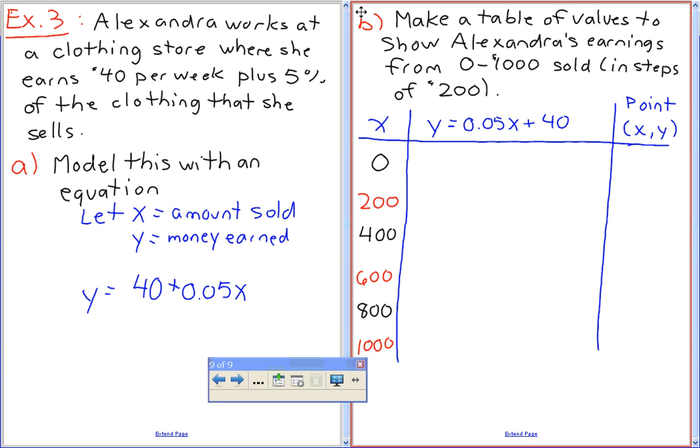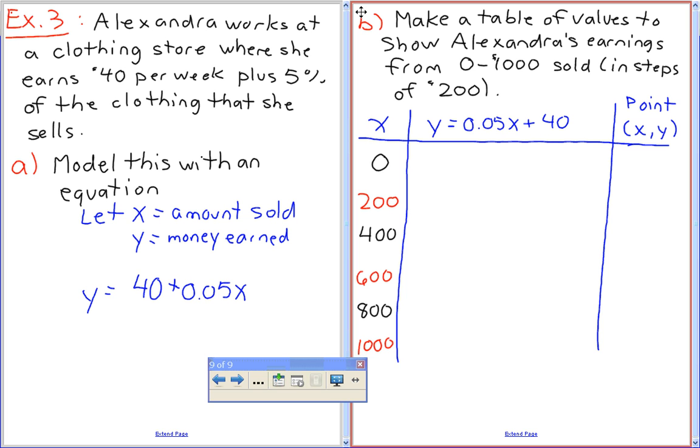So you want x squared first, then x, and then the number. That's just the standard thing. x is degree 1, 40 has no degree, so that's just generally how it's written. And either way, 40 plus 0.05x is also equal to 0.05x plus 40, right? They mean the same thing.